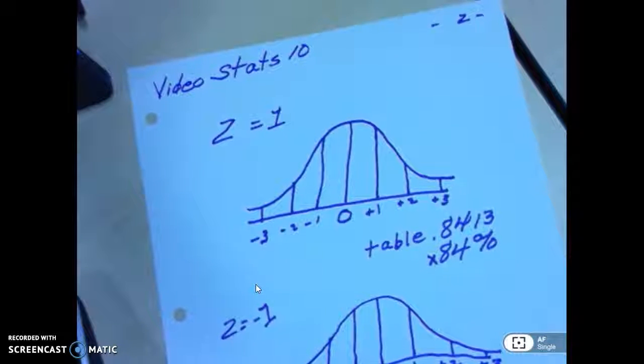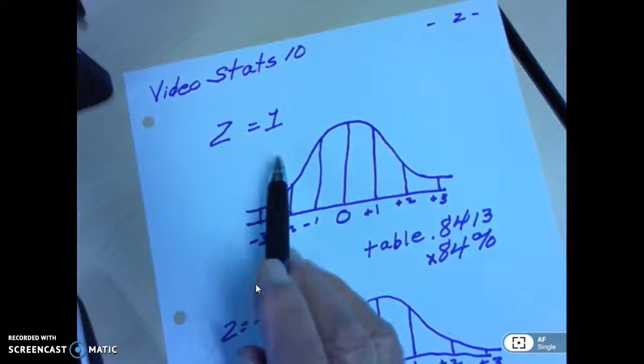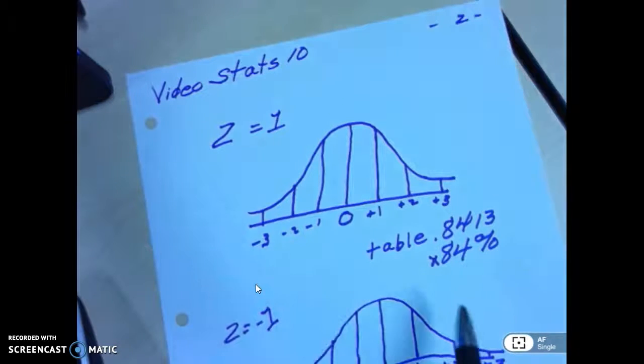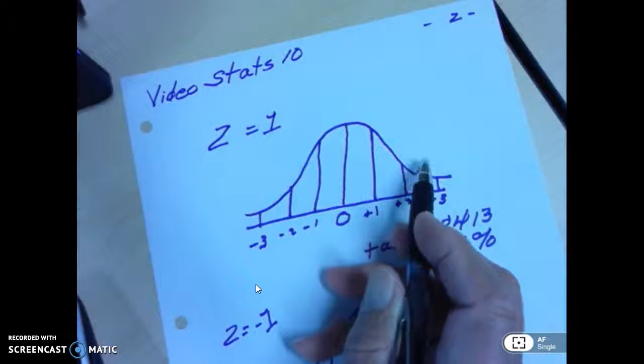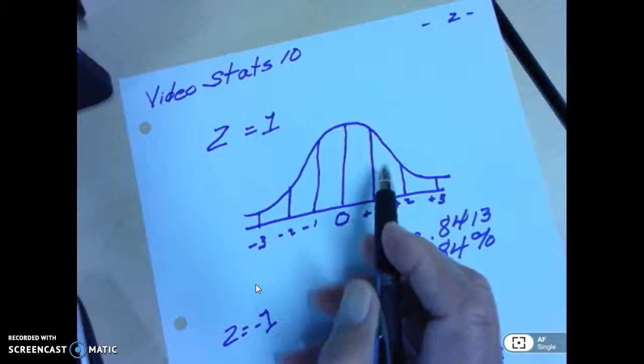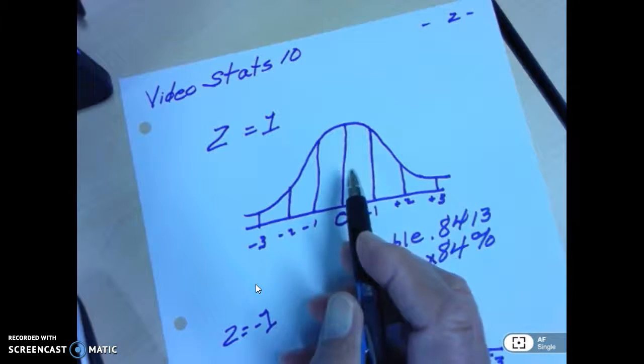Now, there is a table in your book. Remember, this is 1 up here. I have the page for it right here. I'm going as quickly as I possibly can, and I'm finding it. It's on page 348 and 349. The positive numbers, the numbers that go this way on your z-score curve, are found on page 349.